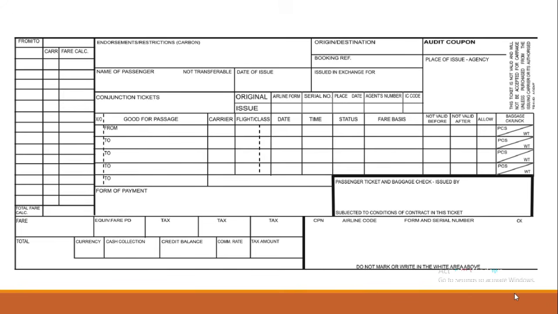So this is what your normal empty ticket will look like, and then with practice and with time you will be able to know how to fill out the ticket properly.